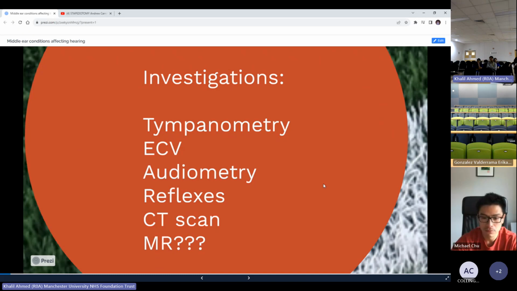Anyone want to give me any other reasons? Polycytoma. We've not heard you yet, Michael. Polycytoma. I would say cholesteatoma isn't one, actually. Tympanosclerosis. Yeah, it's a really stiff eardrum, I suppose. Presence of a grommet. Presence of a grommet is another version of a perforation, so I can't give you that one, but good effort, Tony.